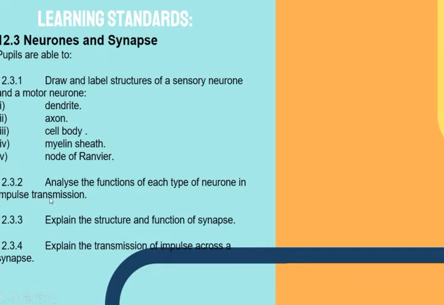Then we go to number 2, analyze the functions of each type of neuron in impulse transmission. Then number 3, explain the structure and function of synapse.